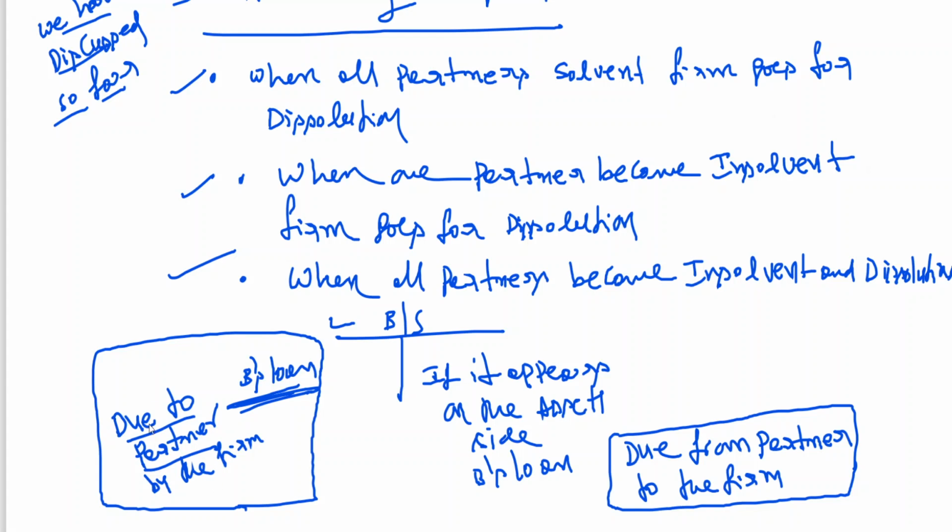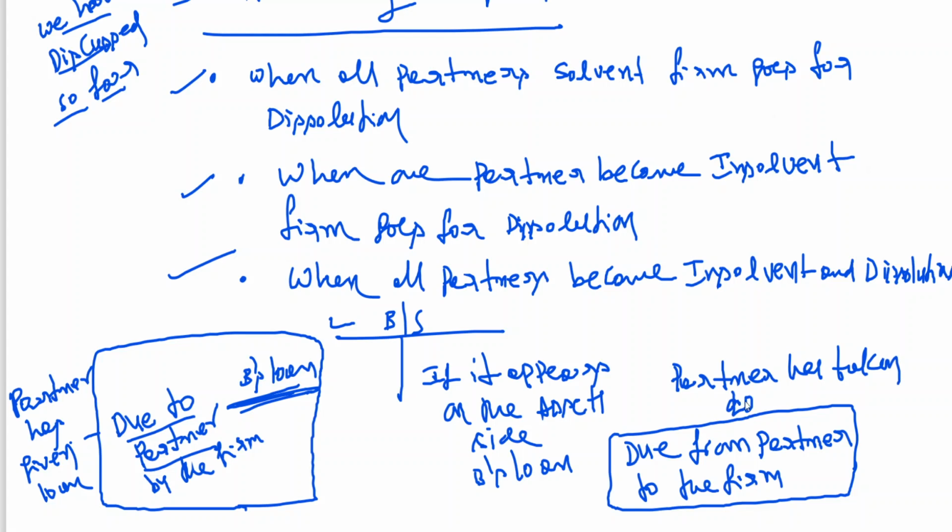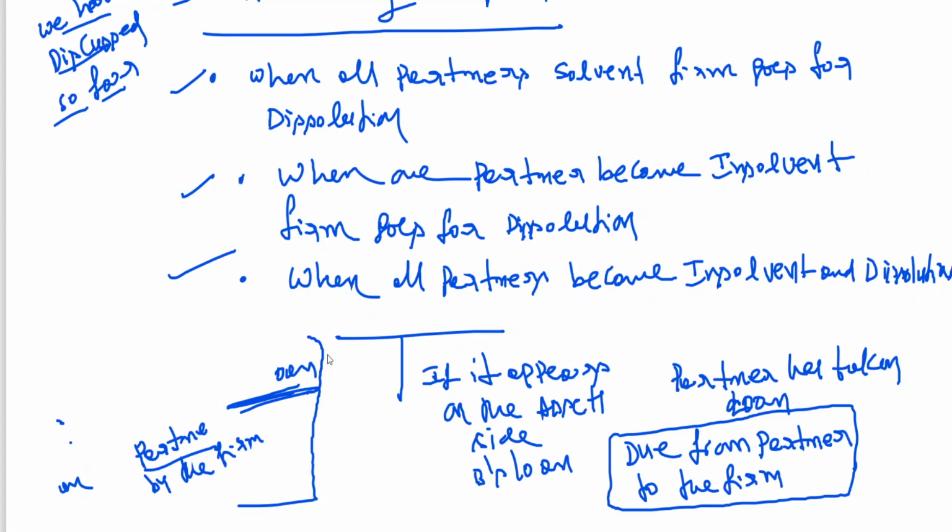Let me quickly recap this point. In simple words, here the partner has given a loan. Here the partner has taken a loan. Okay, clear to all of you? Right. So these are the things we have discussed so far. Now this is completed.